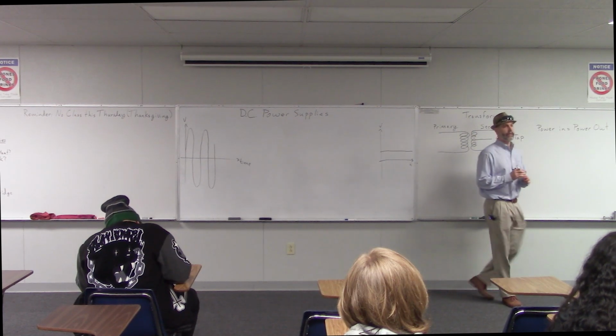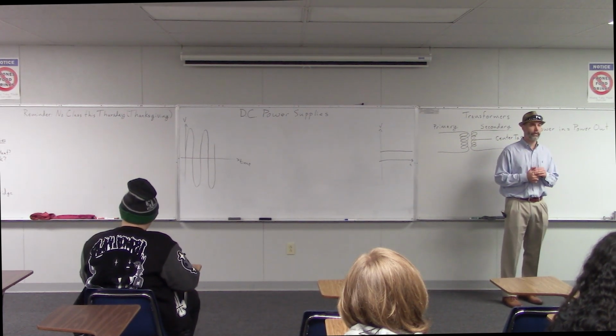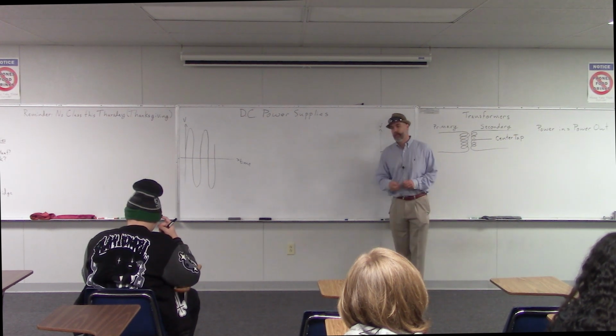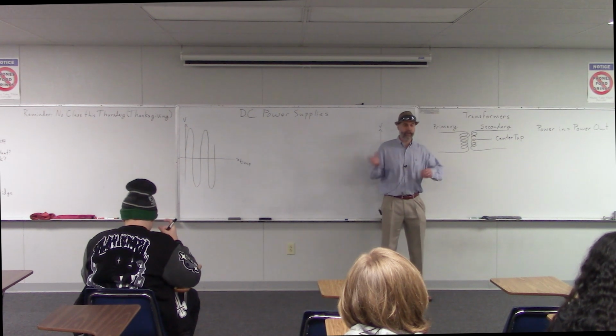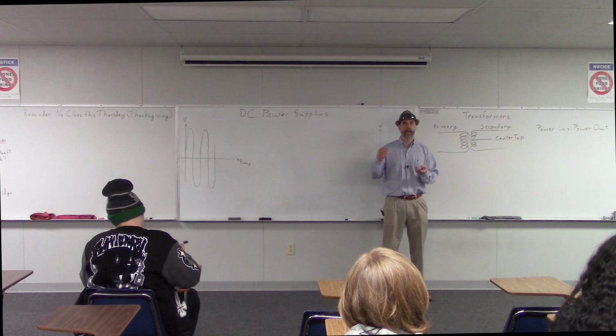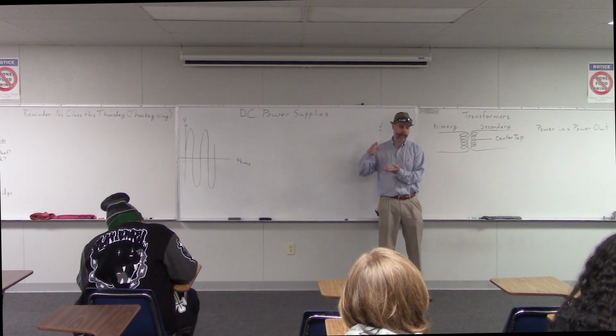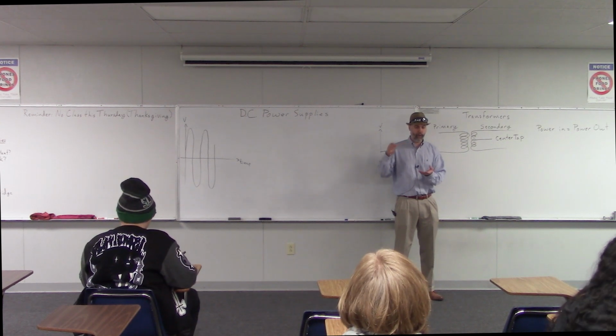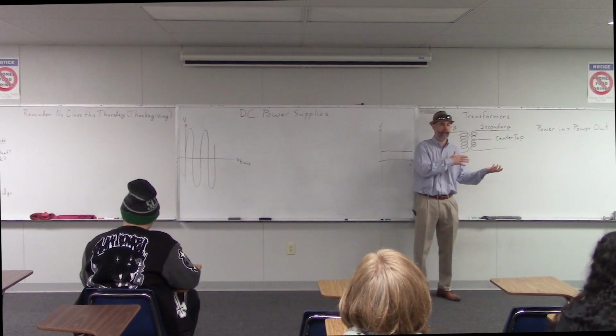Yeah? What exactly is the effect of a negative voltage? So if we think about voltage as being like a pressure, you can imagine a positive voltage would be like a positive pressure pushing water through a pipe in one direction.